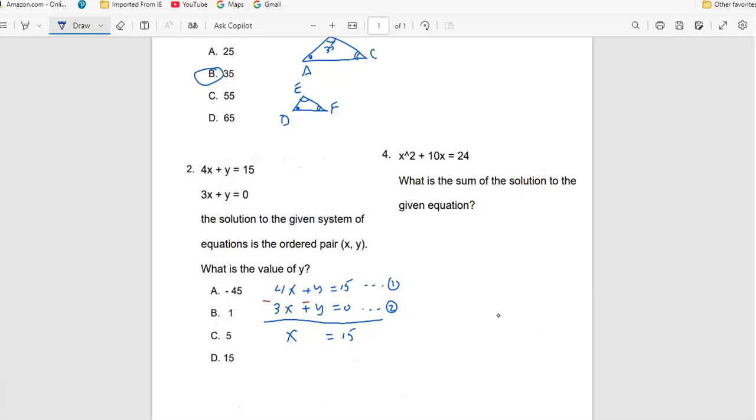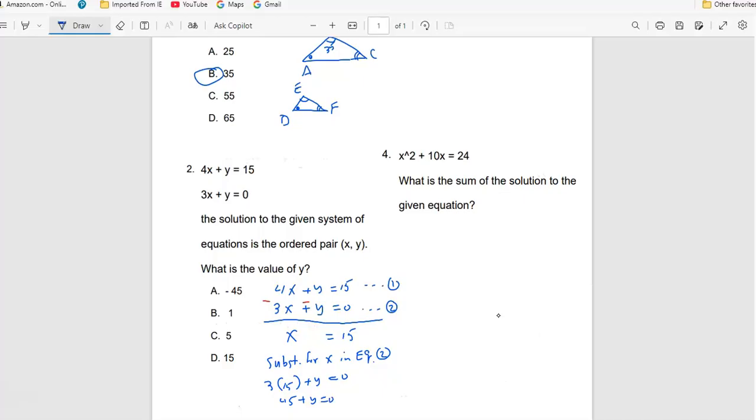Let's use the second equation. We substitute 15 for x in equation 2. So 3 times 15 is 45, plus y equals 0.